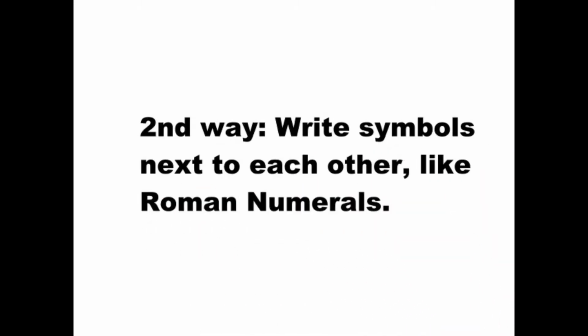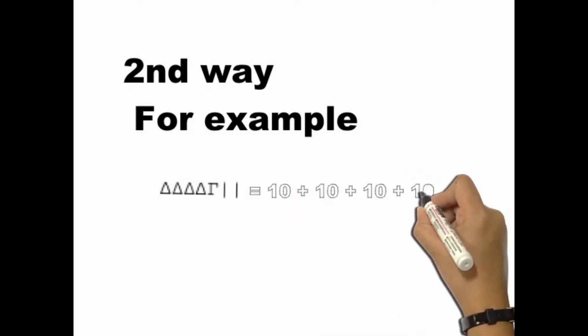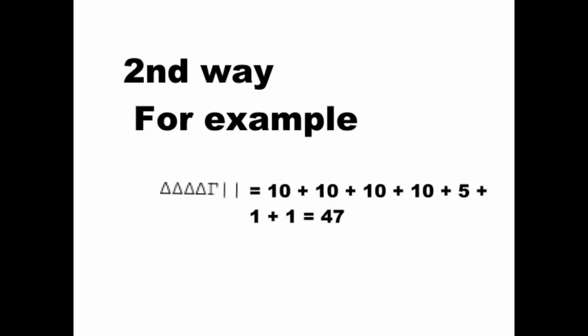The second way is to write symbols next to each other like Roman numerals. For example, delta, delta, delta, delta, gamma, iota, iota is equal to 10 plus 10 plus 10 plus 10 plus 5 plus 1 plus 1 equals 47.